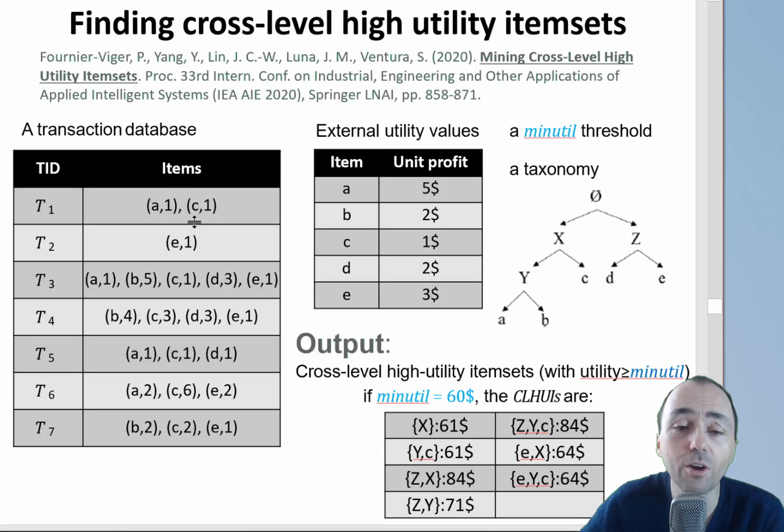Also, another topic not related to time we did recently is to find what we call the cross-level high-utility itemset. So the idea is you have a database, as I showed you before, with the money. But now we also have a taxonomy, like an ontology. Taxonomy means, let's say you have a store.